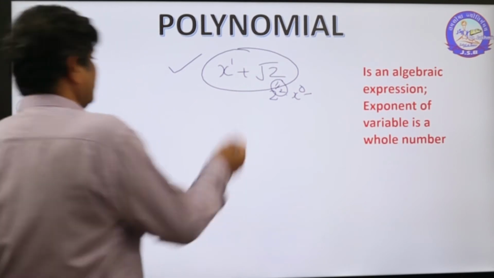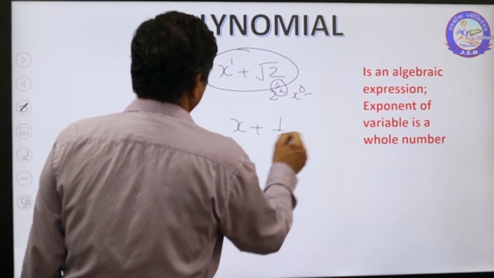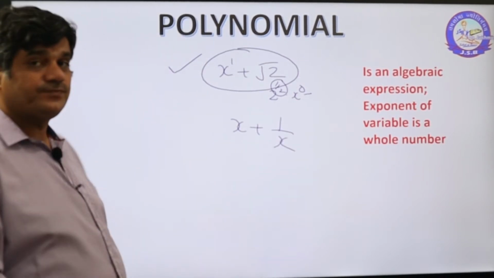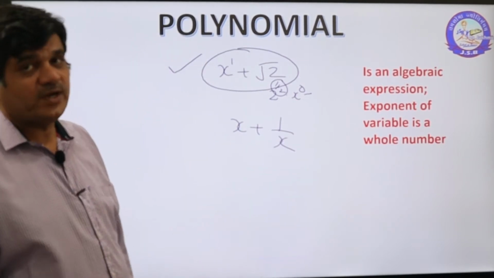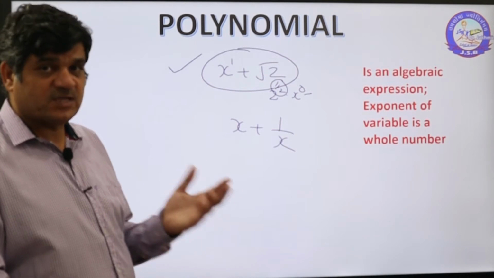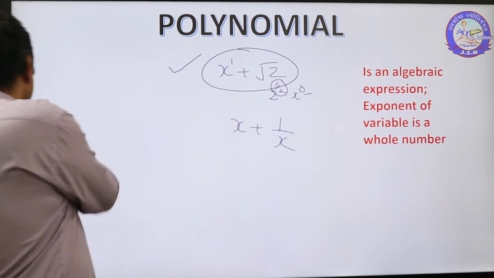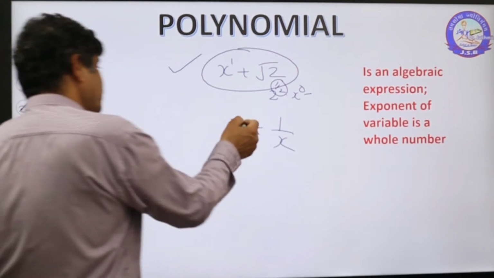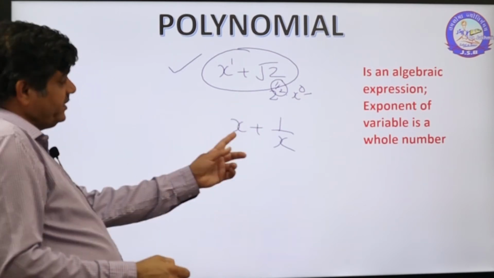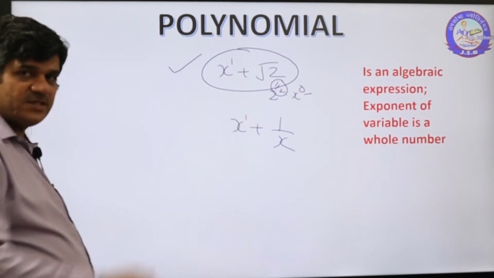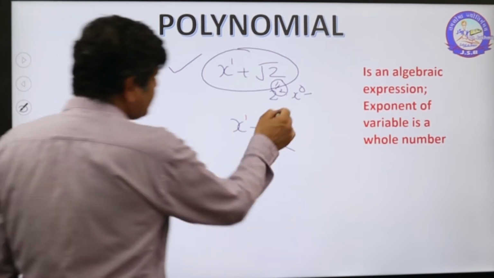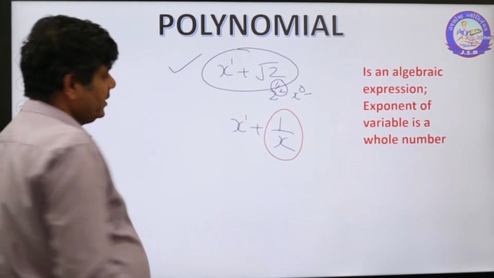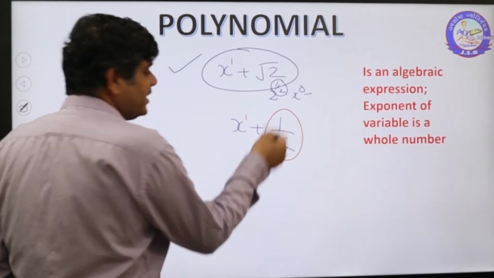Correct? One more example, let me say x plus 1 over x. Is it a polynomial? You have to look at the exponent of the variable again. If you see, what is the exponent of x here? Common sense, it's 1. What is the exponent of x here? Don't think it is 1 over x to the power 1.